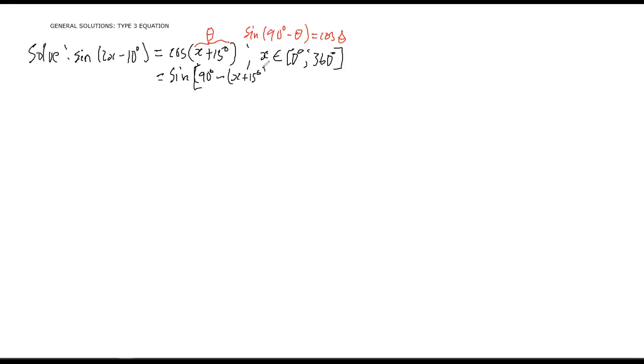I'm putting up some brackets so that I do not neglect the fact that I have to subtract 15 degrees from 90. That is very critical, because if you end up adding 90 and 15, you are not going to get any of those 4 points that we are looking for. So if I solve this here, I'm going to get 75, because 90 minus 15 is 75, minus x.